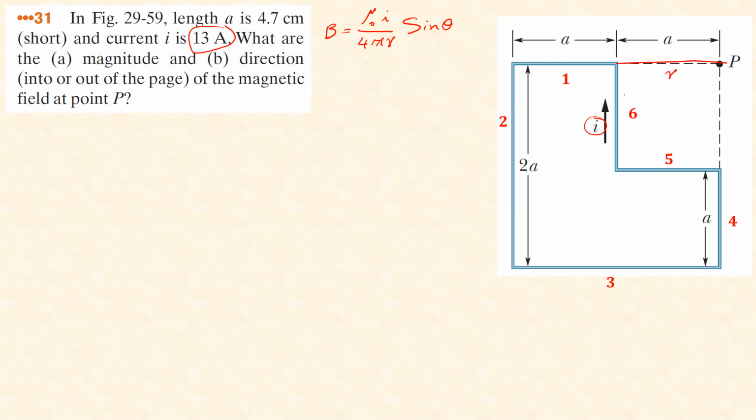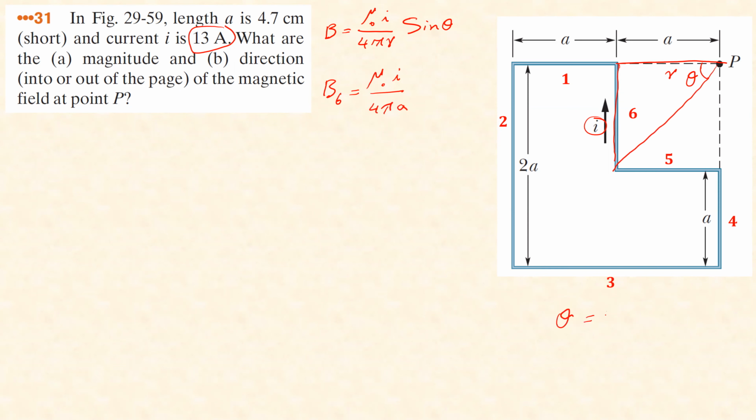Remember, r was the perpendicular distance to the end of the wire. So this is r for 6. So B6 is mu naught I over 4 pi A times sine theta. Remember, theta was the viewing angle of the whole wire. So theta is what? 45.